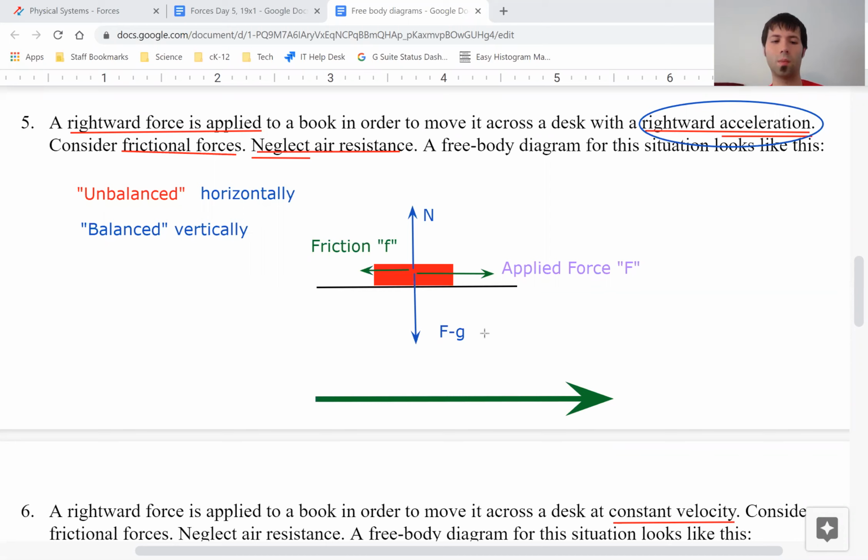I'm not accelerating anymore. So this is a balanced situation because there's constant velocity. So number 6 is actually the same exact thing as number 5. If I was going to draw number 6, I'm going to change this diagram to reflect number 6. I would keep everything the same except for the arrow.